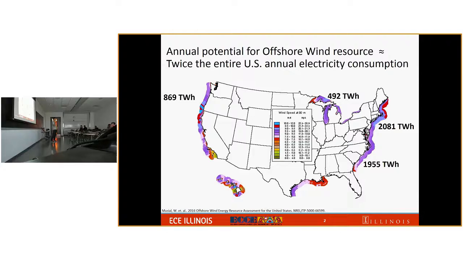The capacity of offshore wind is estimated to produce twice the amount of energy needed by the US. Offshore wind energy is distributed along the coast, on the East Coast, the West Coast, in Hawaii, in the South, and in the Great Lakes. So we see huge potential.